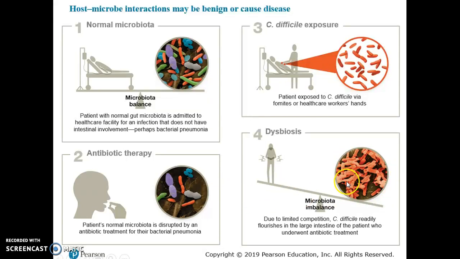That's what box 4 represents, what's called dysbiosis. The normal circumstances are out of whack, and you have this microbiota imbalance. The microbes here are winning. You don't have this nice balanced scenario. Microbes are winning, which puts this person at risk, and this could be a very, very negative situation.